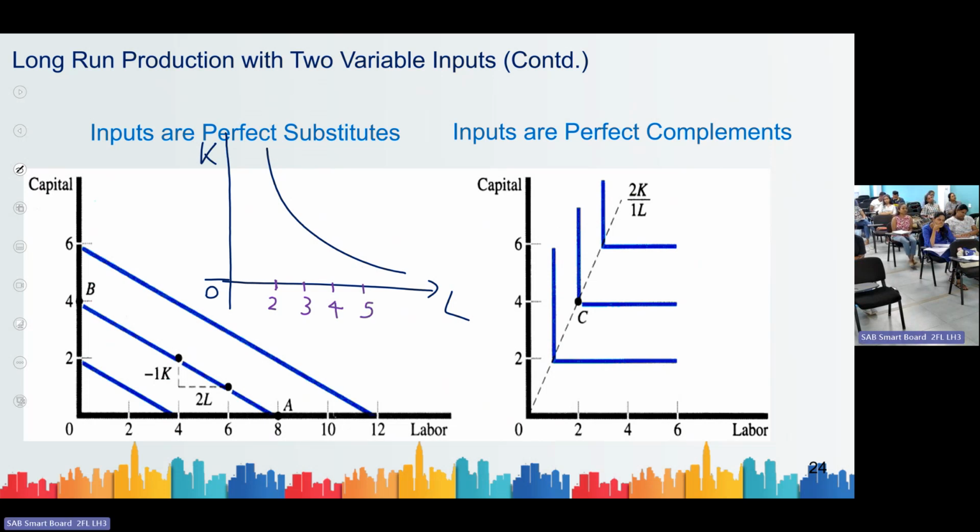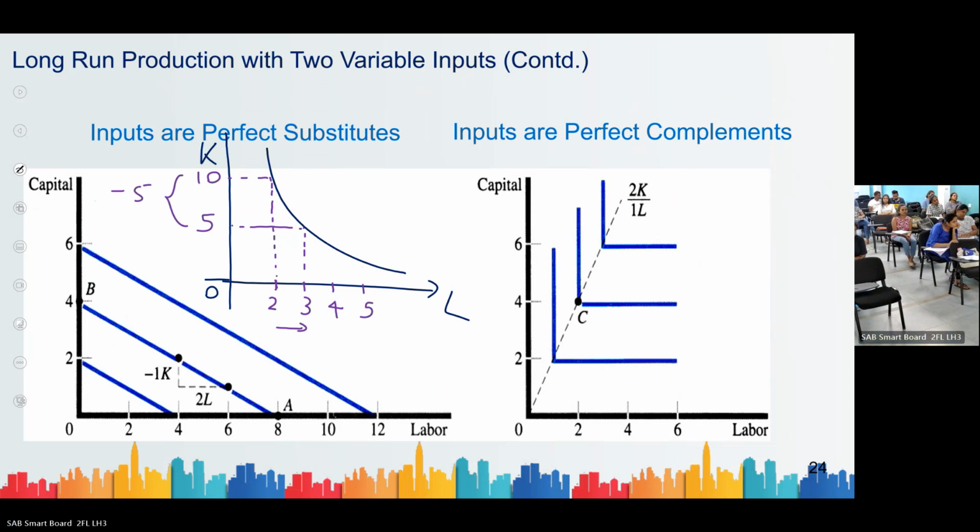Firm increases labor input from 2 to 3. As a result, the firm has to sacrifice capital input from 10 to 5. What is the slope?